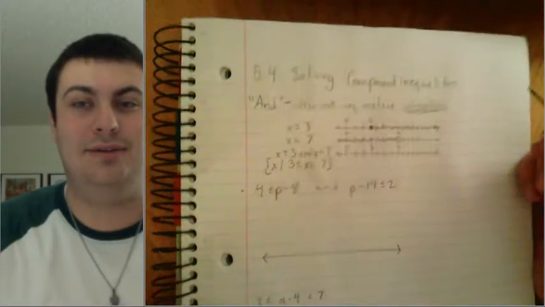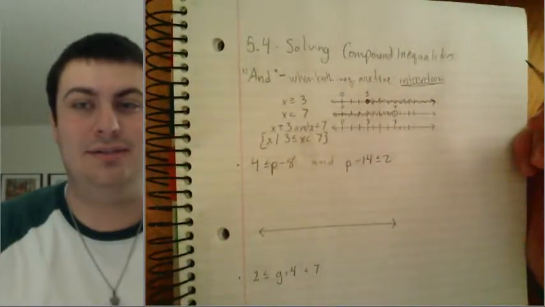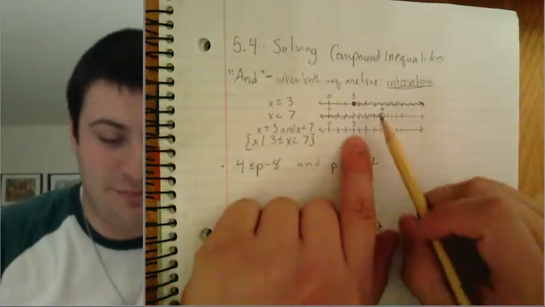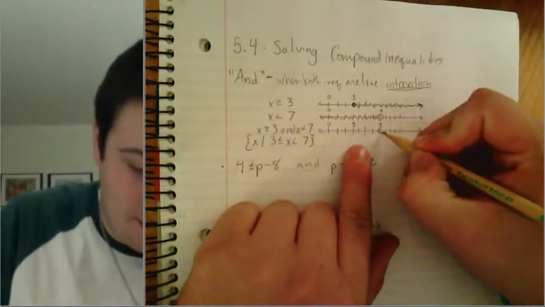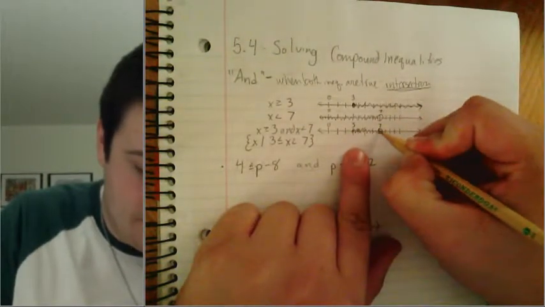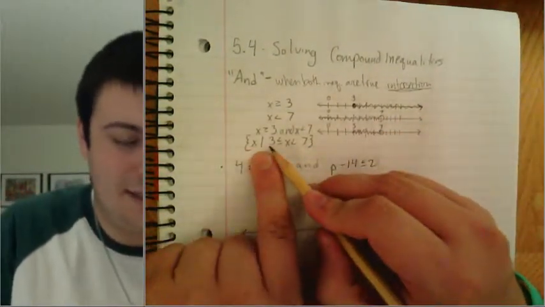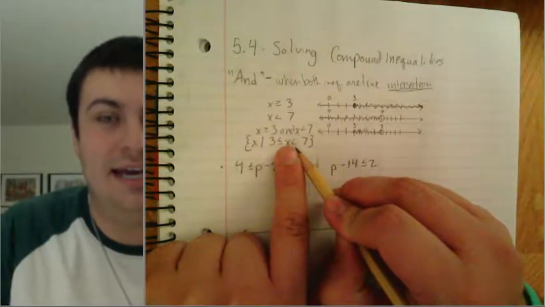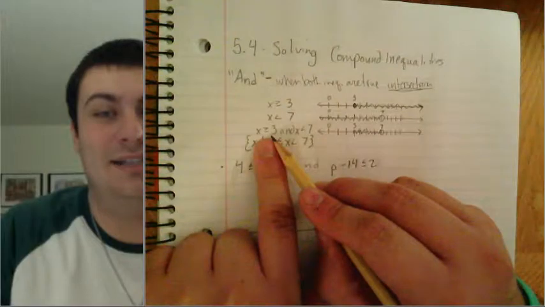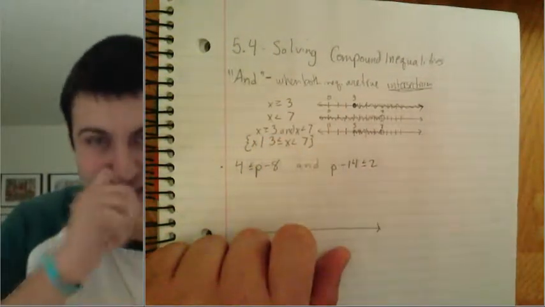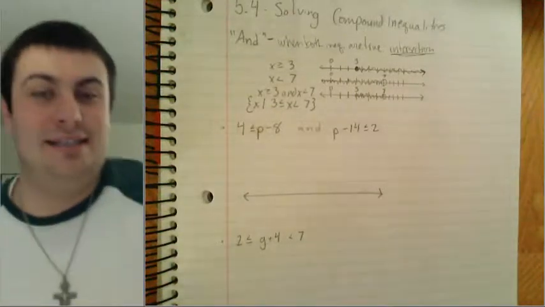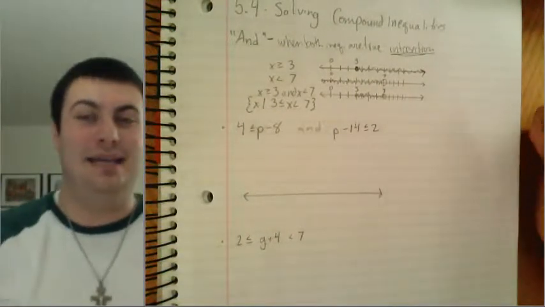So we see that they overlap. We include this and here, and we go in between, which we would write as the set of x such that 3 is less than or equal to x, which is less than 7. Or we could say x is greater than or equal to 3 and x is less than 7.